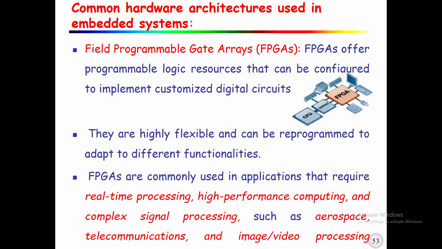They are commonly used in applications that require real-time processing, high-performance computing, and complex signal processing, such as aerospace, telecommunications, and image or video processing, which is used for communicating. For example, our TV, our remote, and our decoders mostly use these field programmable gate array technologies.